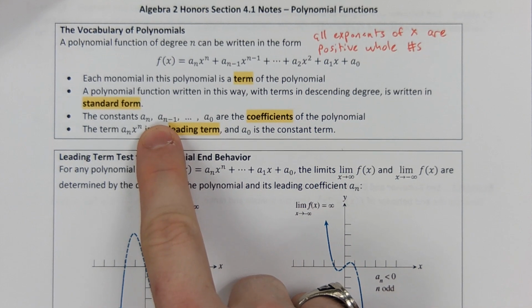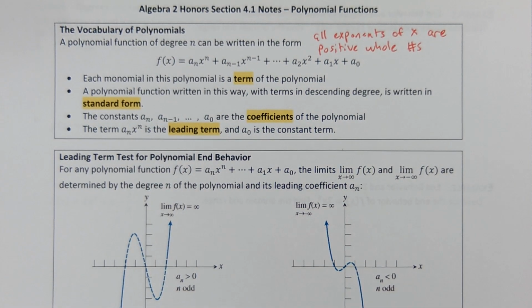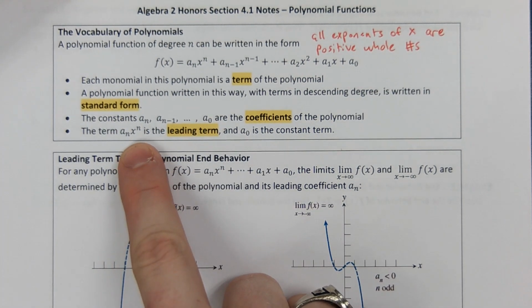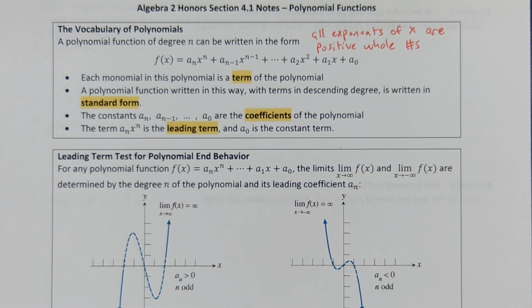The numbers that sit in front of our x's are known as coefficients. I think you guys all know that term already. And this is why it is important that they be written in standard form. Because the term that has the highest exponent, the biggest exponent, that term is your leading term.